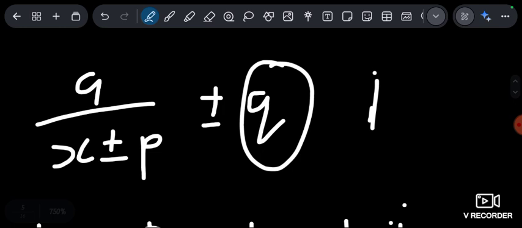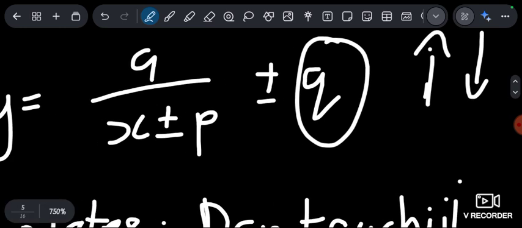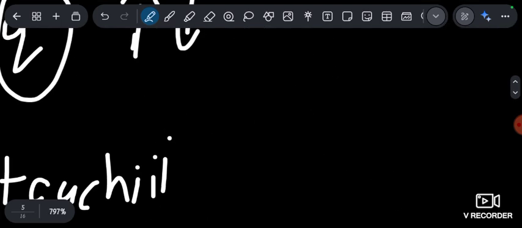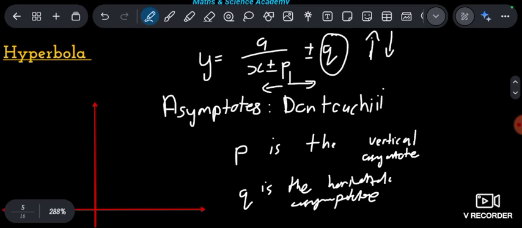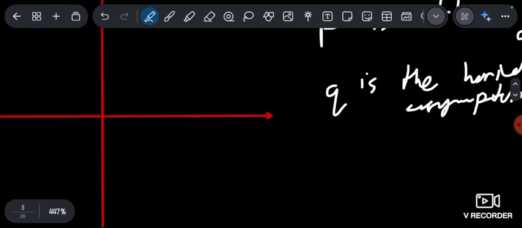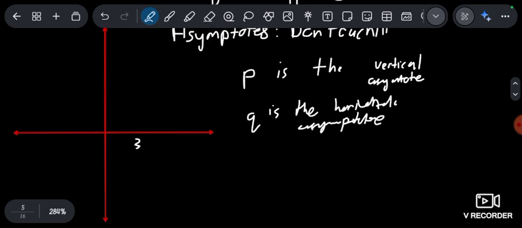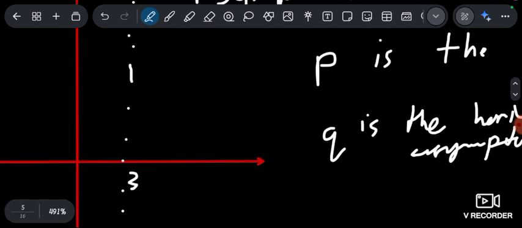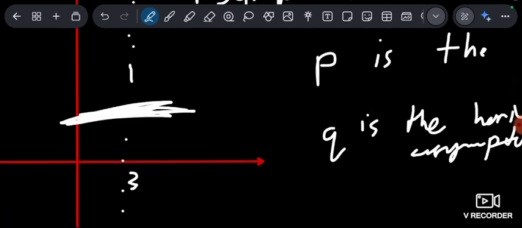Now, what you must pay careful attention to is that, as we said, q shifts the graph up or down, and p shifts the graph left or right. That is still true, but now if it shifts the graph maybe 3 units to the right, we have to draw the dotted line, and then our graph cannot touch this line over here, right?